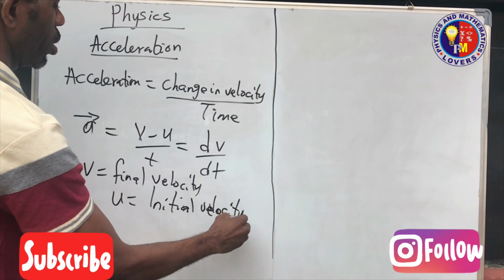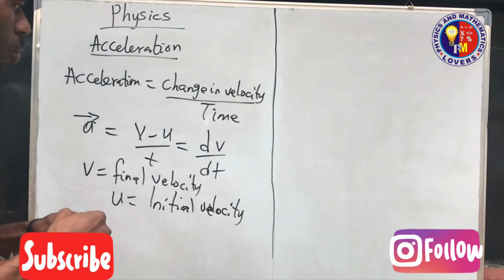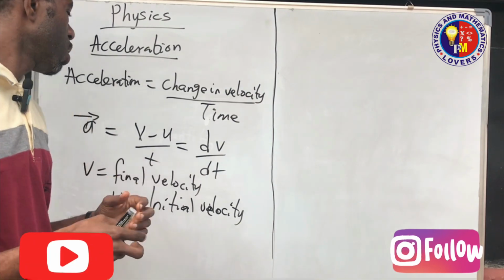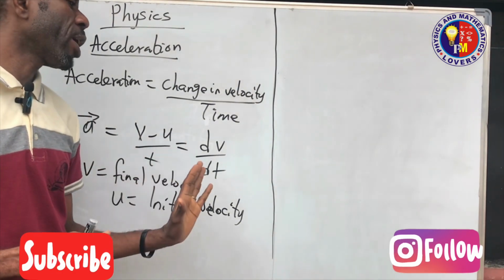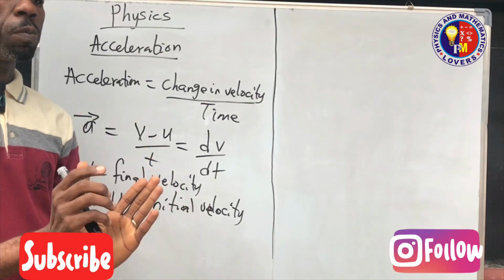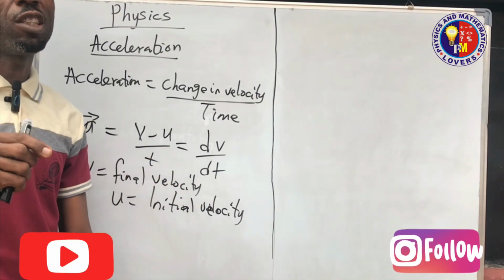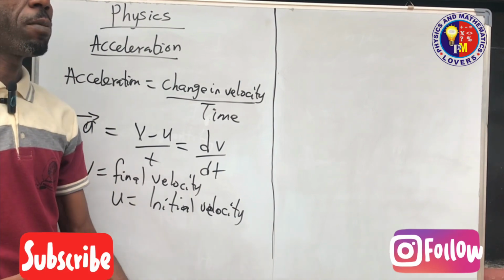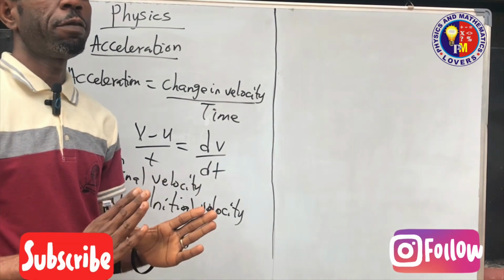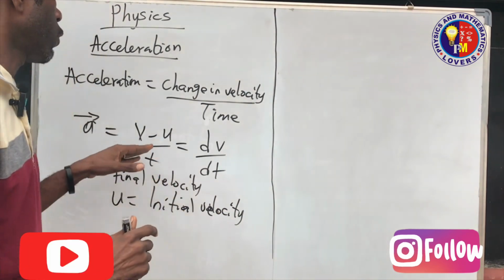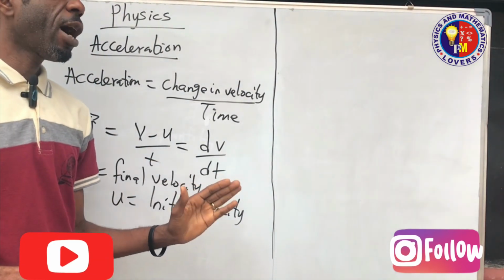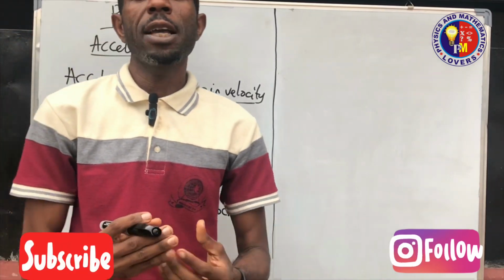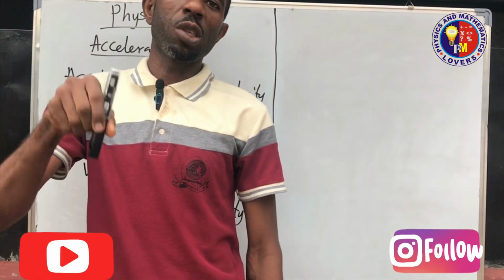So, acceleration of a body is when the velocity changes with respect to time. For example, take a car that is parked at a spot. The initial velocity of that car is 0. When it begins to move, it will have a final velocity, v, at that point. At a point, the car will apply brake, and when it applies brake, the velocity will begin to decrease.